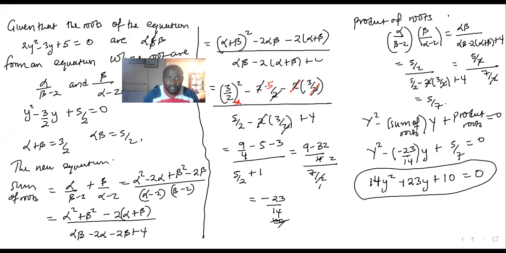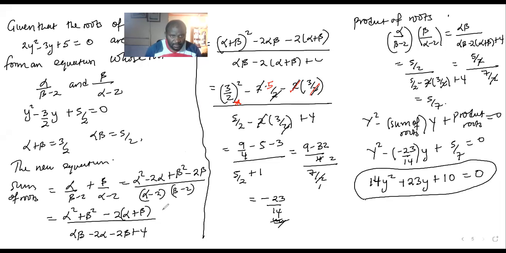It's on the first part of the board, on the second last line. Here, where I expanded alpha minus 2 plus beta minus 2. Where did I get alpha squared minus 2 alpha plus beta squared?